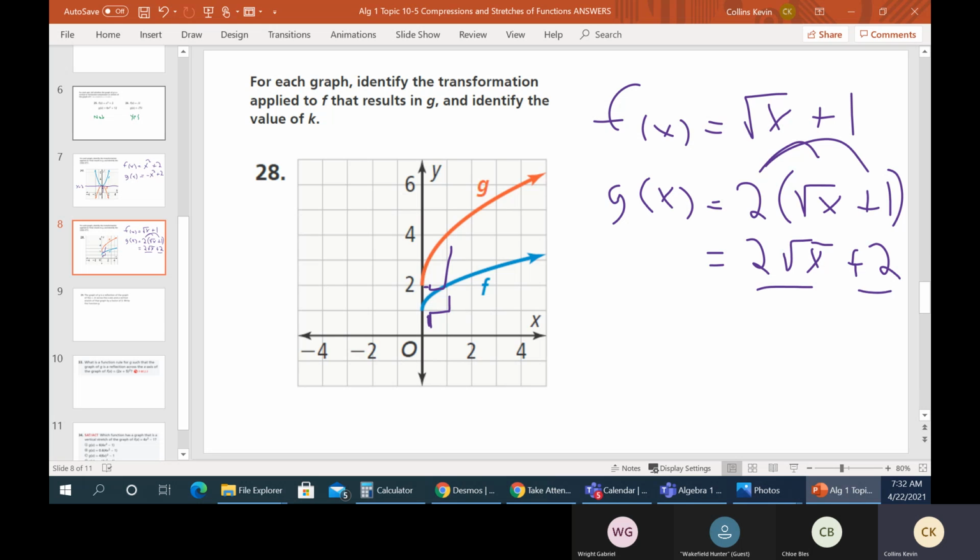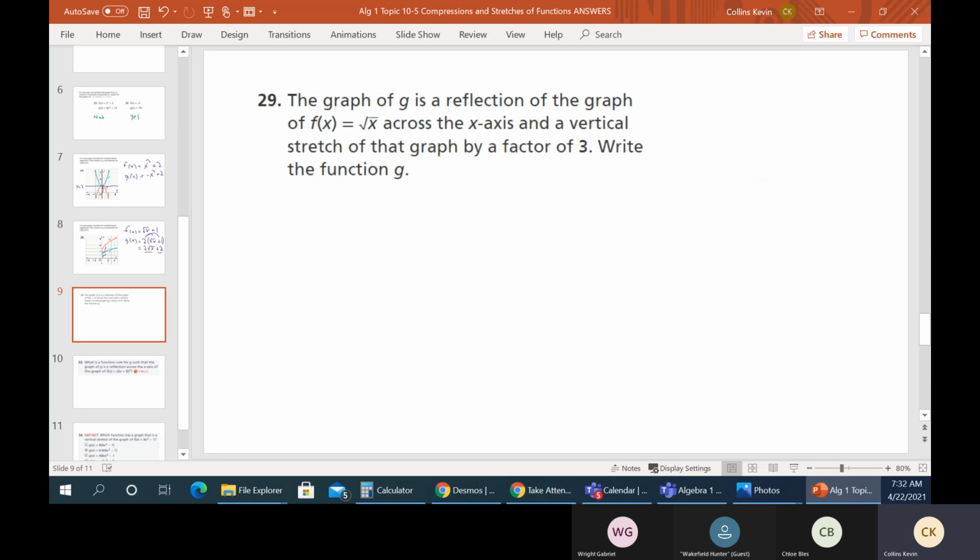All right, let's go ahead and move on. So this says the graph of g is a reflection of f of x equals the square root of x across the x-axis with a vertical stretch of 3. It says write the function g. If you take these step by step, these are pretty easy. Again, f of x was just the square root of x.